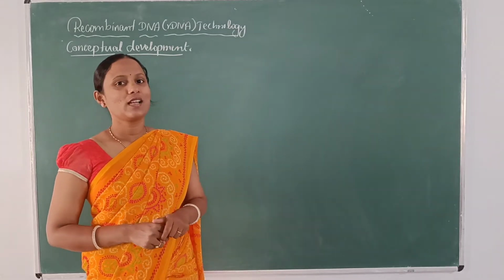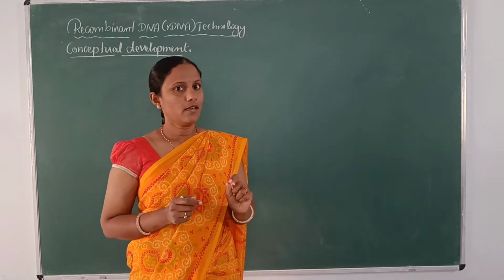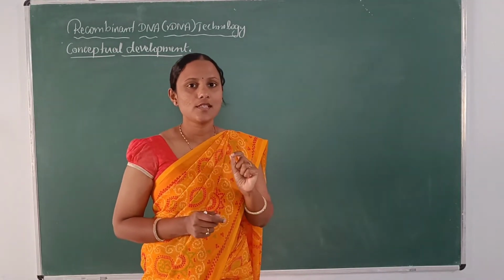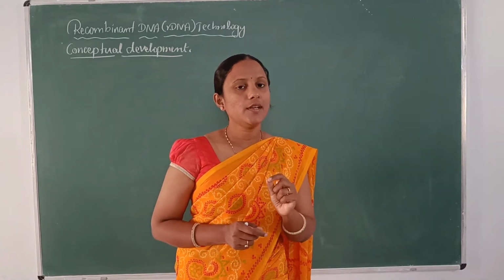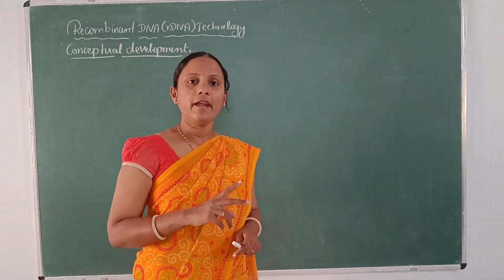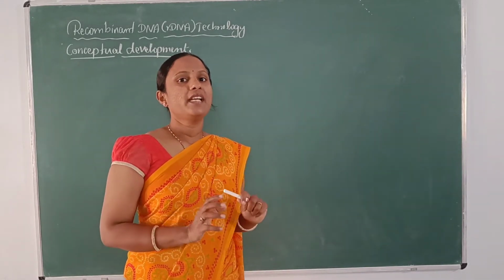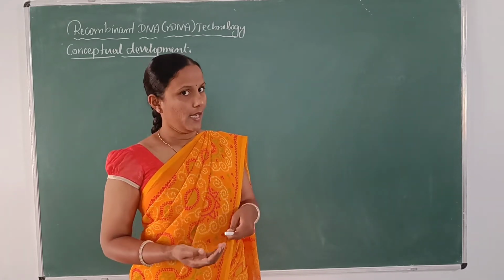Hello, welcome to class. We have studied there are two core processes in biotechnology. The first one is recombinant DNA technology, and upon recombinant DNA technology we will get a recombinant cell.